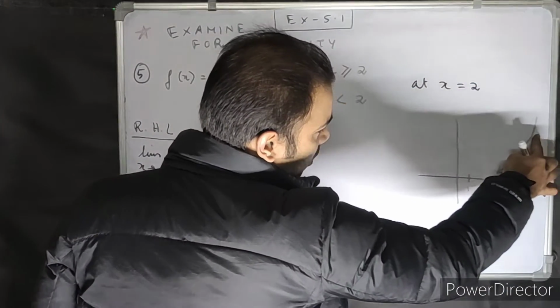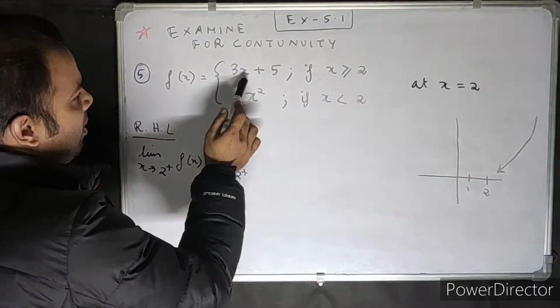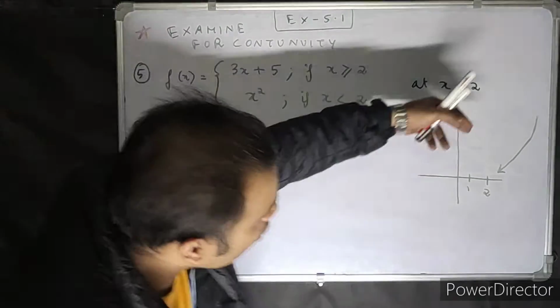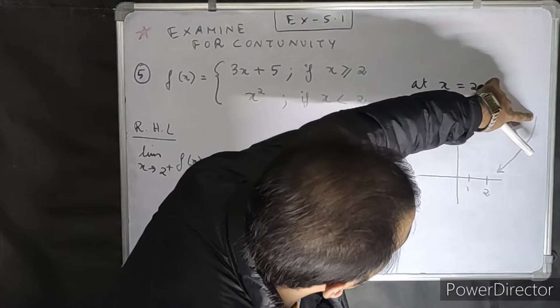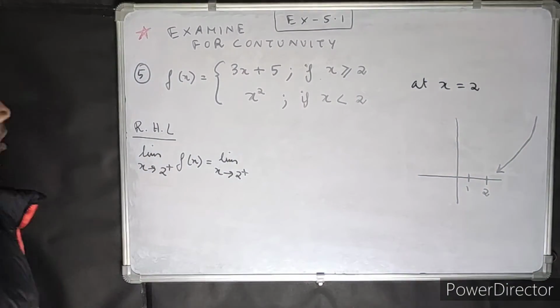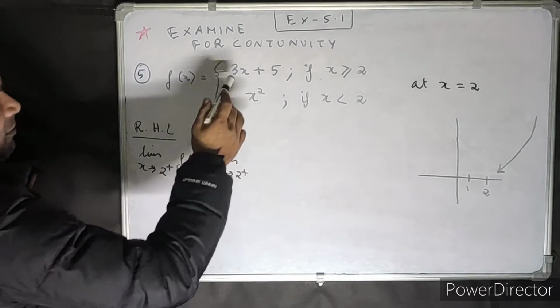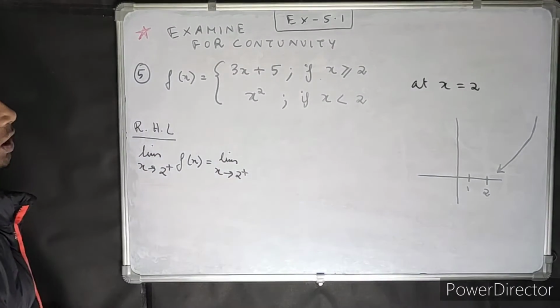That means it was coming from the side that is greater than 2, say 3, 4, whatever it is. So which function will we use? We will use the above function when x is greater than or equal to 2.